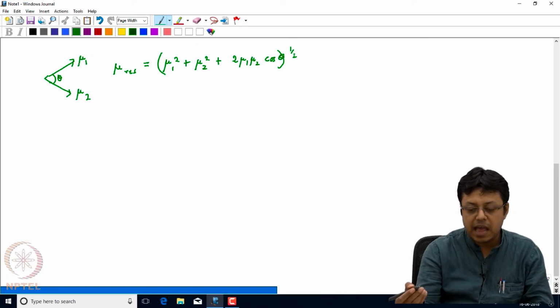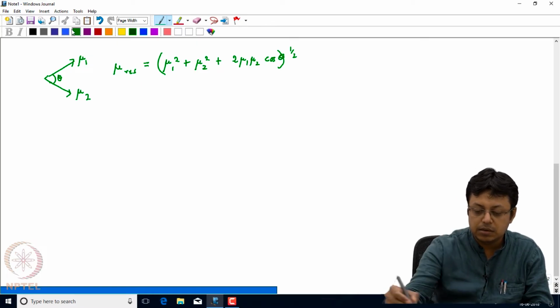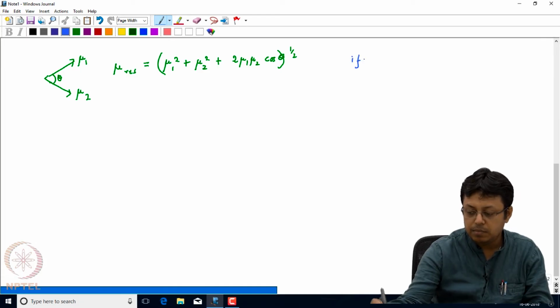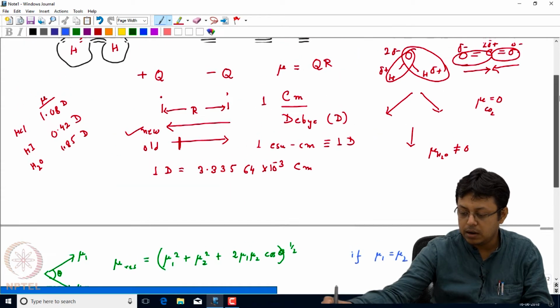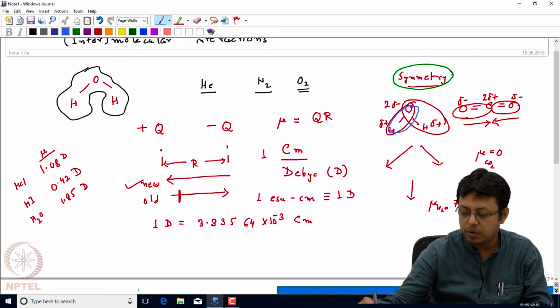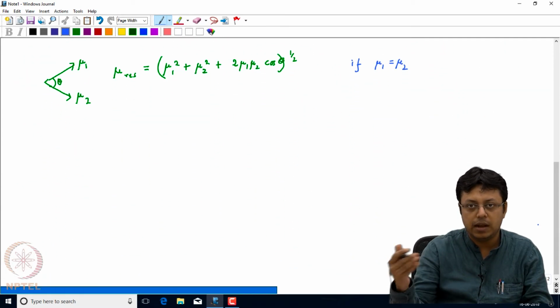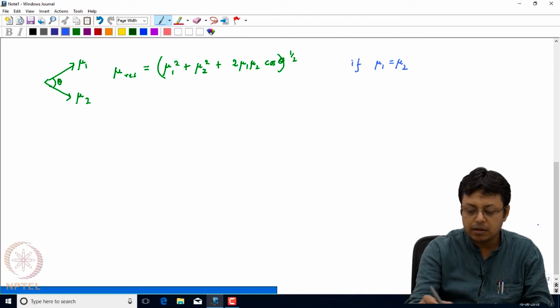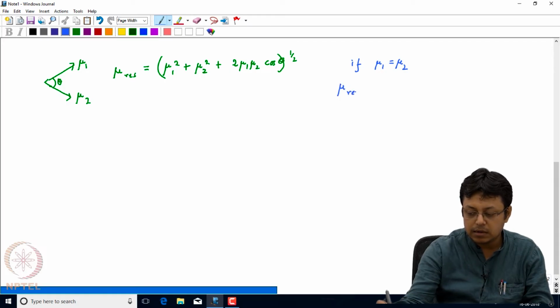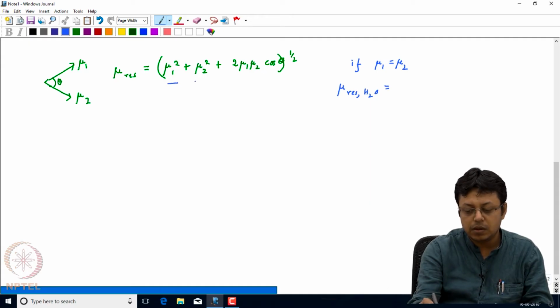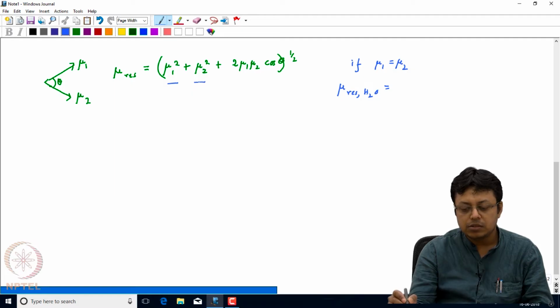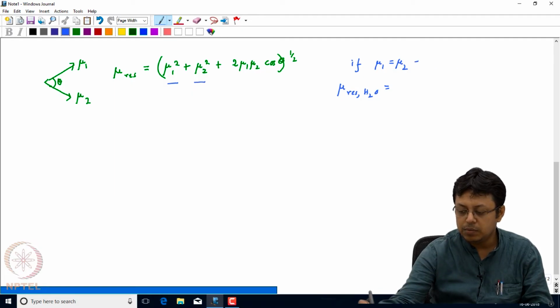So for example, if mu1 is equal to mu2, something like we have seen for water, where these OH bond moments should be equal because they are just identical atoms O and H. So for water, the resultant dipole moment, now you notice here carefully, let us say mu1 equal to mu2 equal to mu.